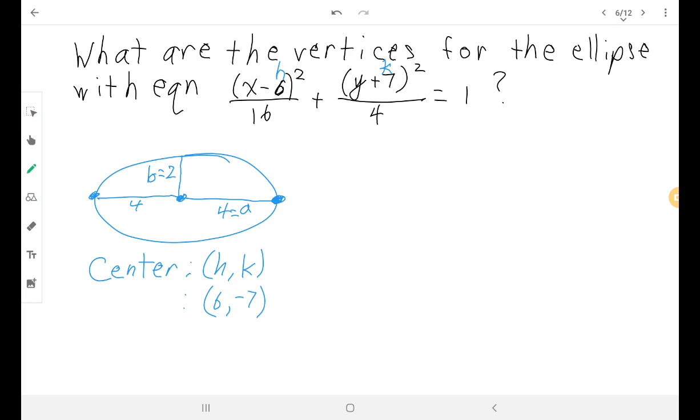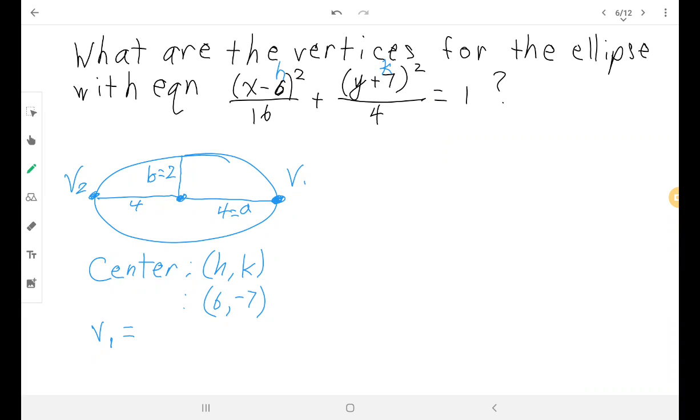Okay? So our vertices are going to move from there. Vertex 1, let's label this. Vertex 1, vertex 2. I tend to move in the positive direction first, the negative direction second. But you could label them however you want, really, as long as you know.